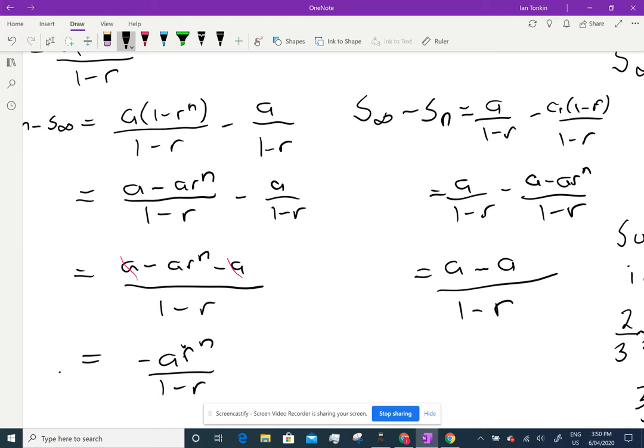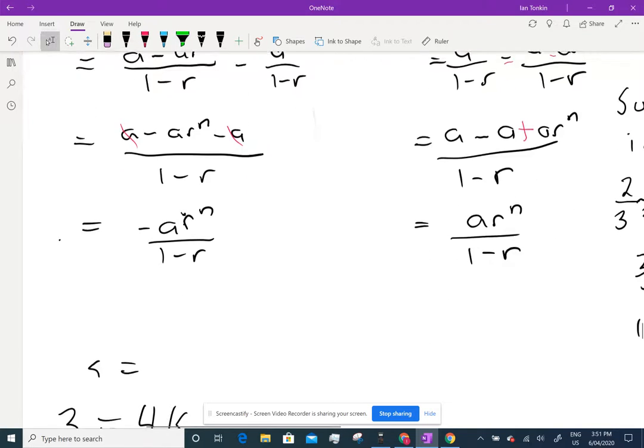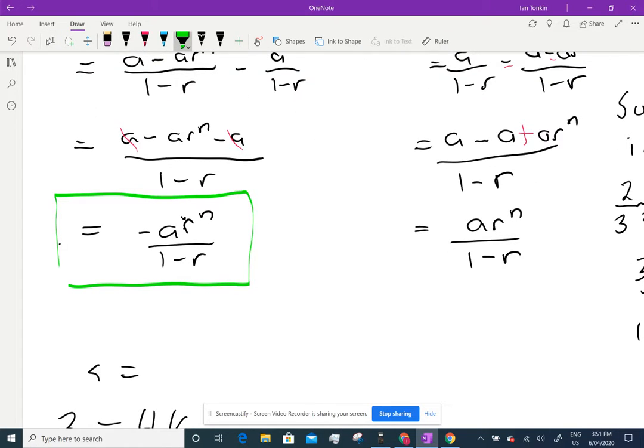But remember, here I've got a minus minus, so this will become plus A r to the n, which gives me A r to the n on 1 minus r. I got this result by subtracting the wrong way round, but that's okay, because if I do it the wrong way around, I should get the same value, just a negative sign. So there's that one. All right, good luck.